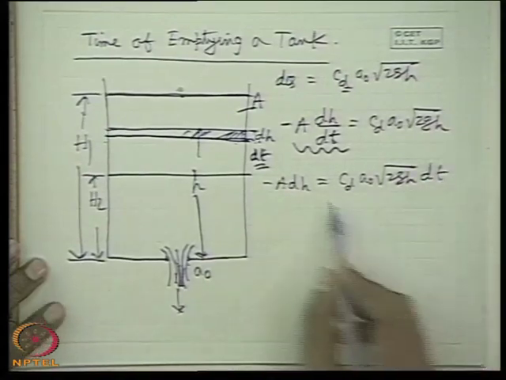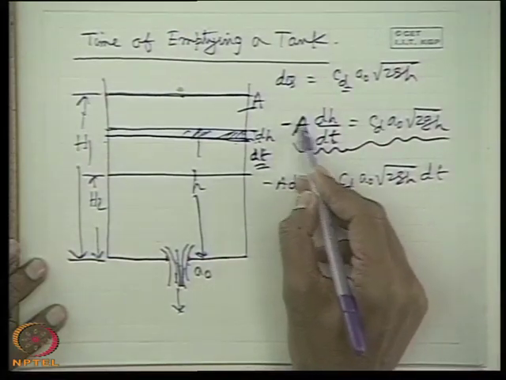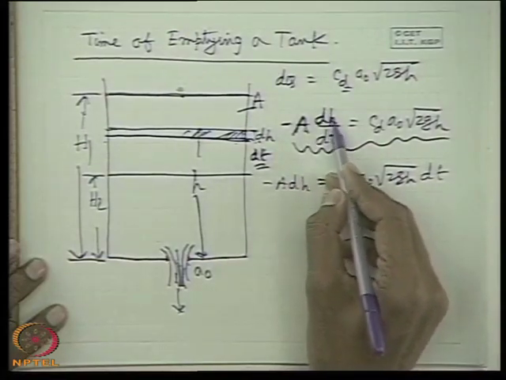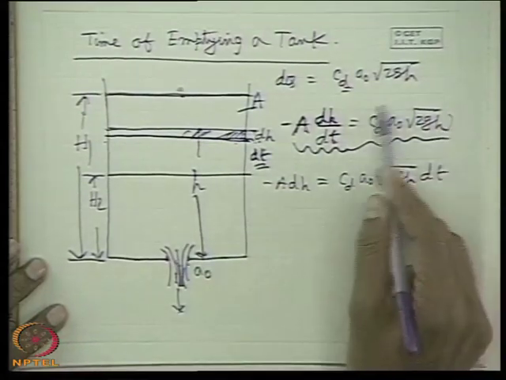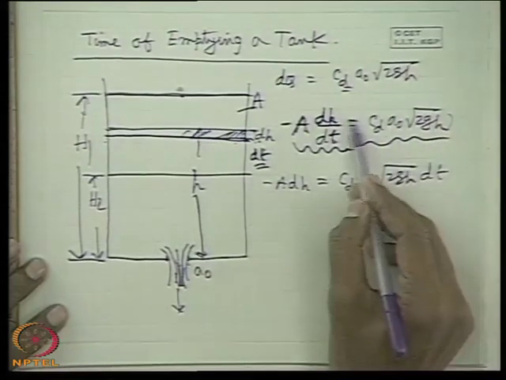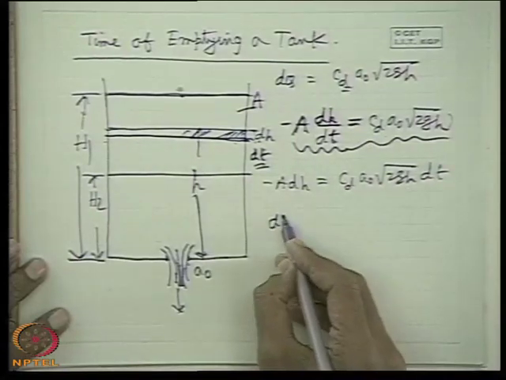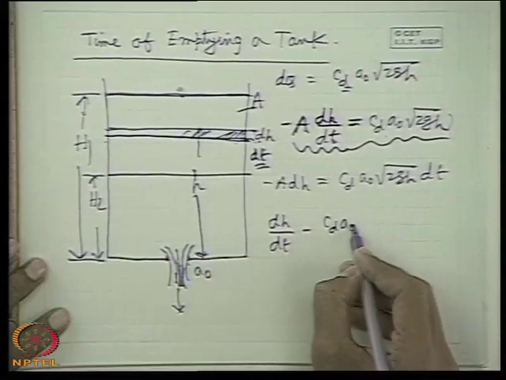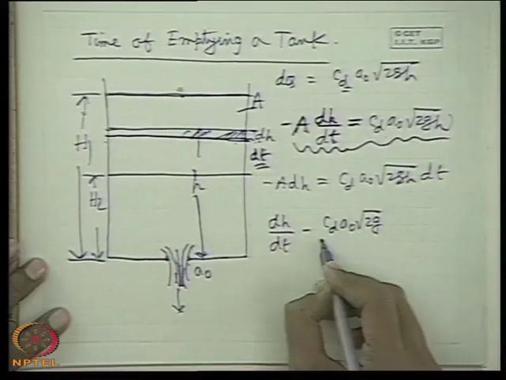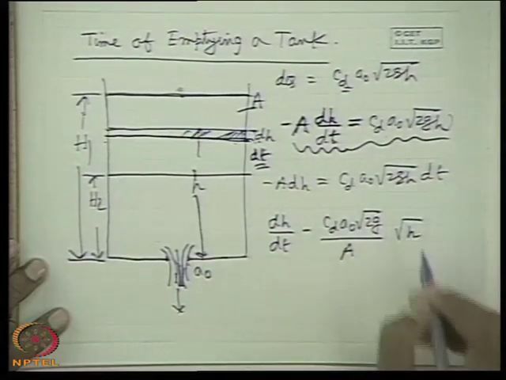You should write it straight in terms of the rate. The rate of volume change in the tank is A dh/dt in terms of the instantaneous height of the tank, and the rate of volume flow through the orifice is equal to it, under the continuity equation. So therefore dh/dt is minus CD A0 root over 2g, all the constants together, into root h.